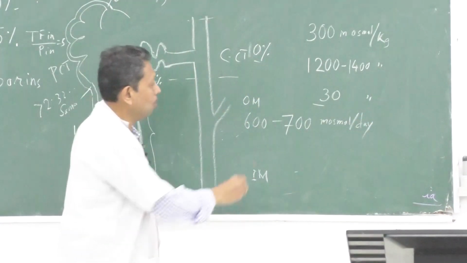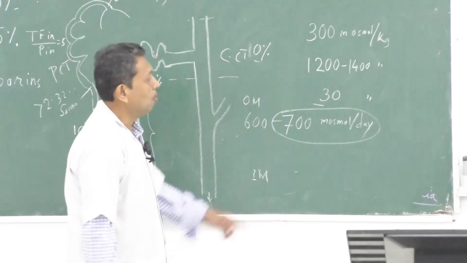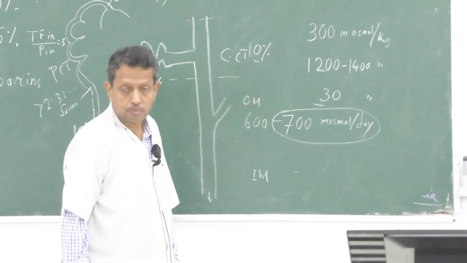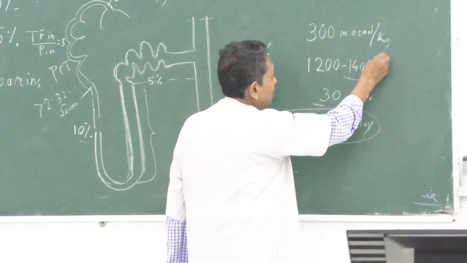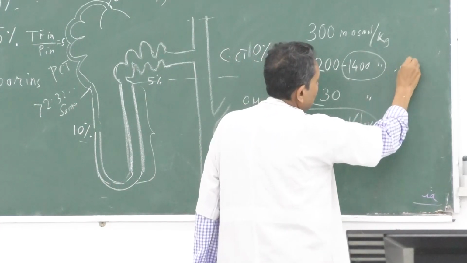If you take this value 700 to be eliminated, whenever there is maximum concentration, urine is eliminated.